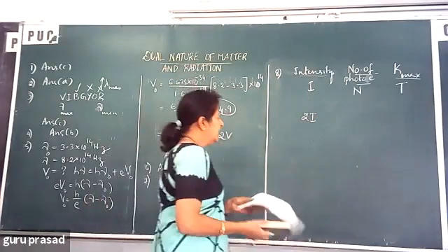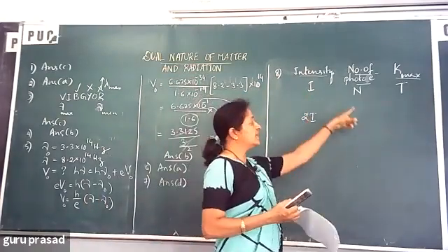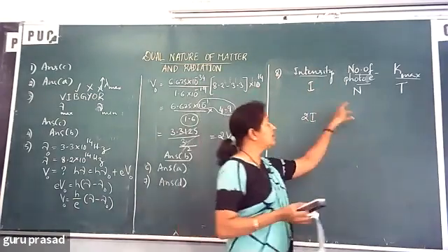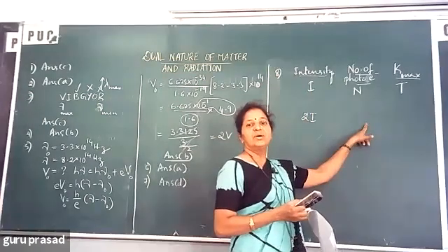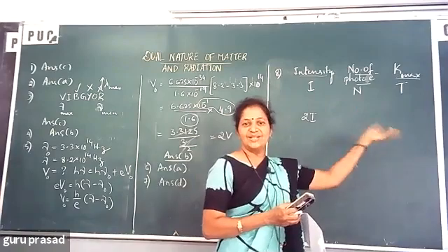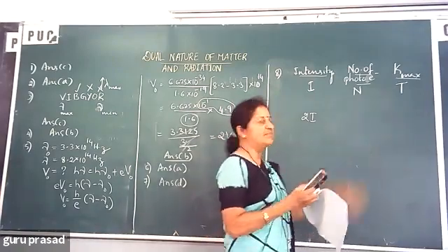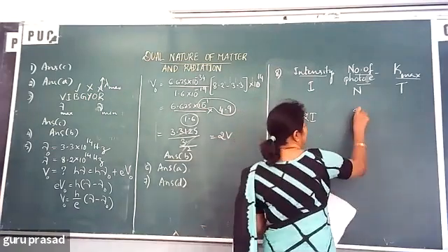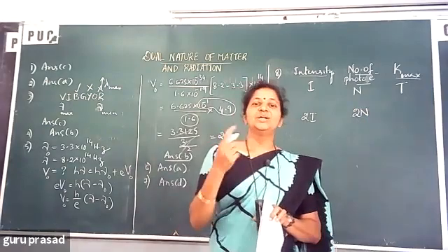See here, whenever the intensity is changed, the number of photoelectrons also changes. If this is doubled, number of photoelectrons is also doubled, and photoelectric current is also doubled. Photoelectric current they have not asked, but number of electrons will become 2N.